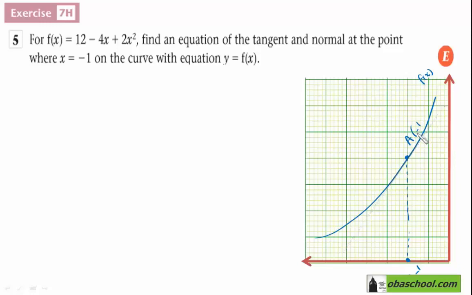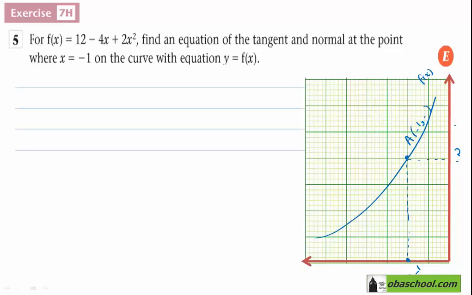So we have x equal minus 1 and we are asked to find first the value of y. To find the value of y for this point, we have to substitute in f of x the value of x, that is minus 1.